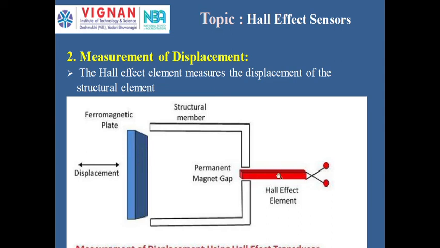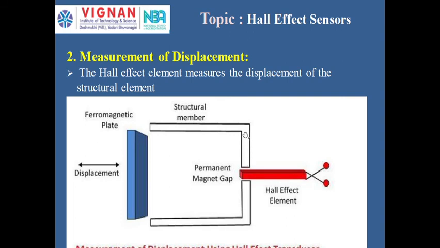Simply what I am doing is, the Hall effect material is placed and some amount of current is flowing, that is a current carrying conductor. So when it is placed in the permanent magnet, it produces an amount of voltage. So the amount of voltage produced in this Hall effect element is proportional to the current, which I am going to keep constant, and that is proportional to the magnetic field strength.